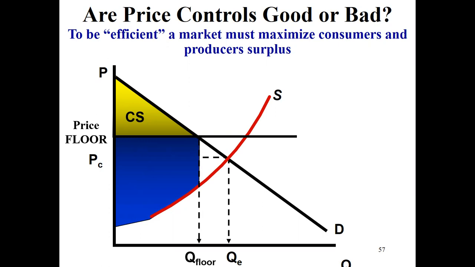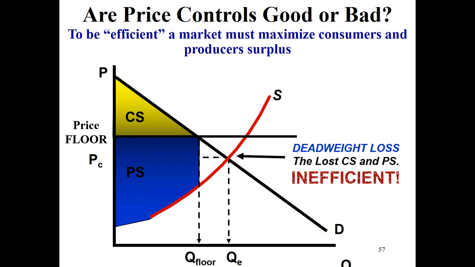And then you have deadweight loss. Why do you have deadweight loss? Because prices went up and some consumers just left the market. Notice we were selling more goods at the original price than we are now. And that creates deadweight loss, or what we would call an inefficient market.